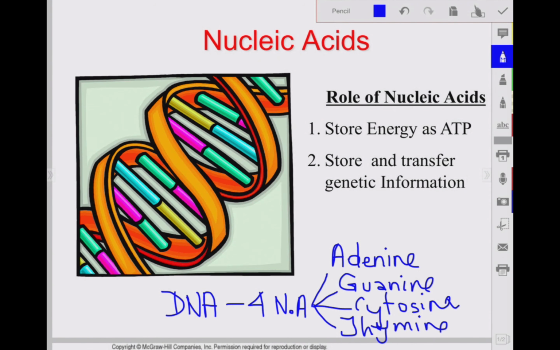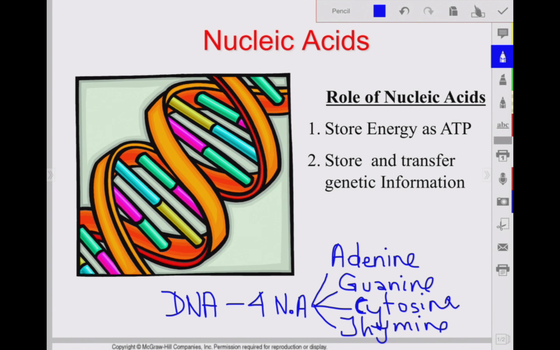Those are the 4 primary nucleic acids that are associated with DNA.